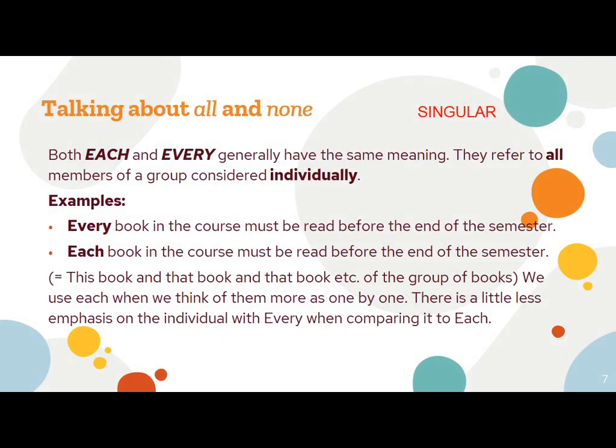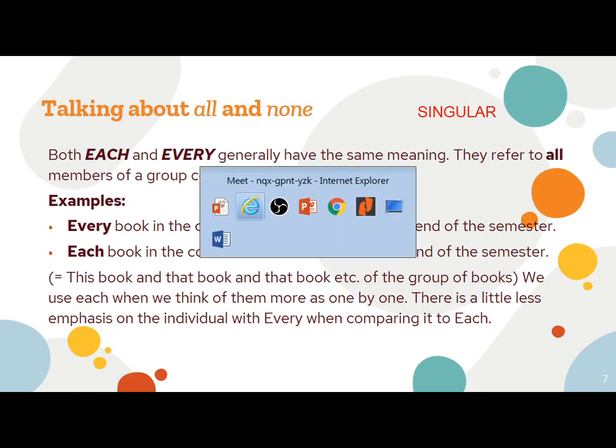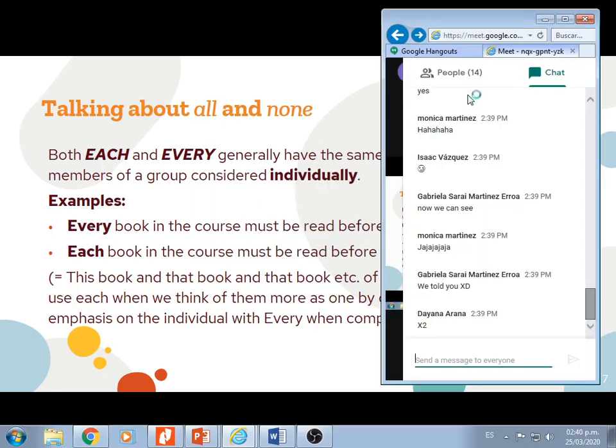So what I just want you to have in mind, guys, is that every time we use each, we're going to refer to something very specific, something individual. And in the case of every, we're going to talk about one by one, but as a whole, as a group of things, people, places, maybe, if you want to talk about places.